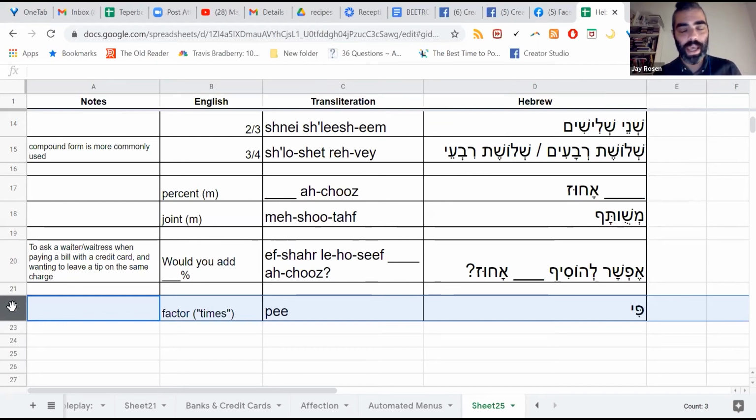It doesn't sound as good in English, perhaps, but in Hebrew, we use this a lot. זה היה הקורס הכי טוב פי 50, או זה היה קורס מצוין פי 50. It was 50 times more of an excellent class. Okay, so פי, you'll hear a lot.